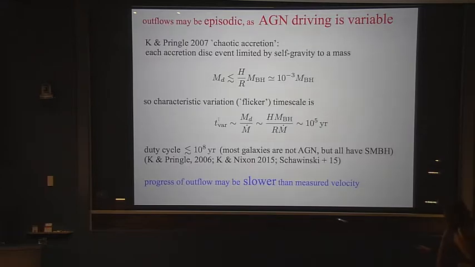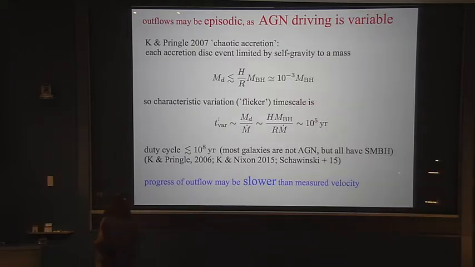And so the progress of the outflow, in the simple solutions that I showed you, may actually be intermittent, because if there's variability in the source on small scales, that's going to be reflected downstream in the variability of the outflow velocity.